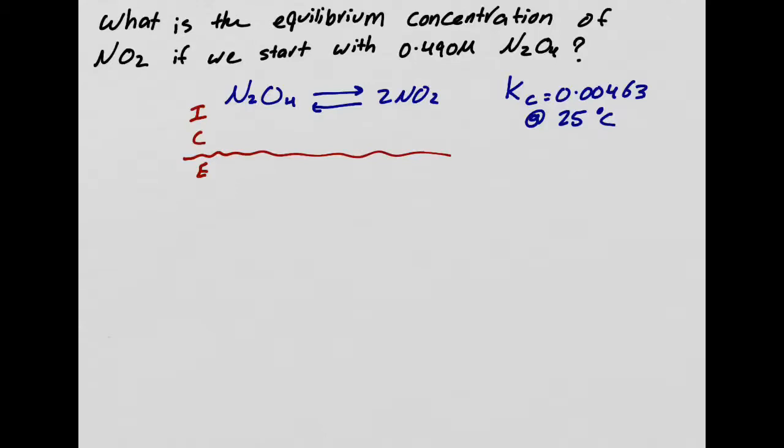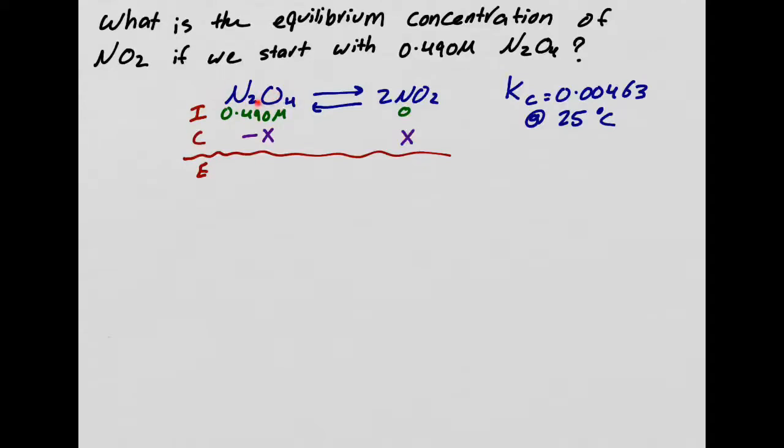What is the initial? Initially, we have 0.490 molar. You have to plug in molarity to this ice table. 0.490 molar N2O4, and I don't have any of this. Now, over time, what happened? Over time, the N2O4 is going to go away. I don't know how much. And then some NO2 is going to form. But I need you to pay attention to this.